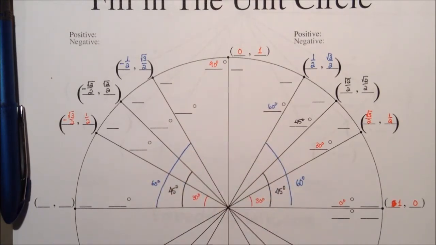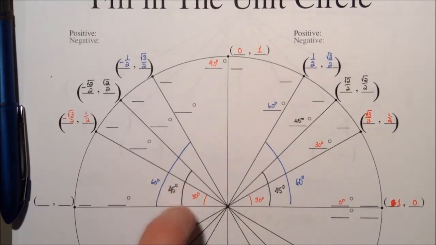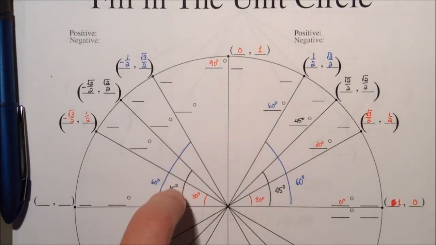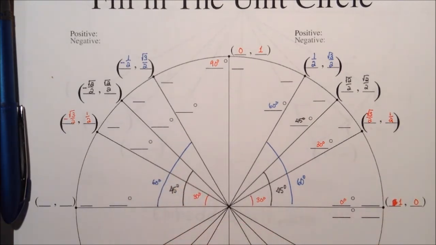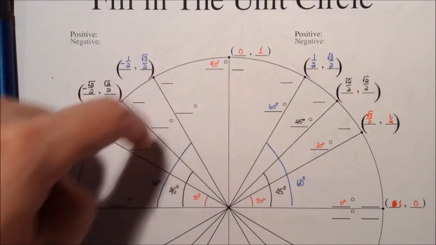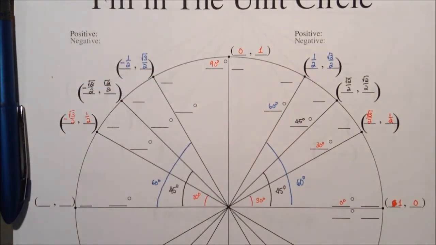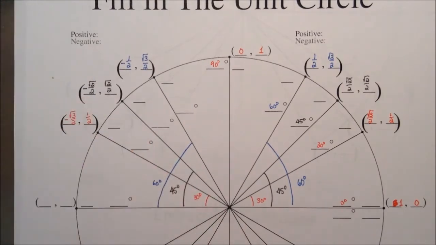Now, here, we won't be using these degrees for quadrant 2 unless you're talking about reference angle. Now, if I were to ask you these degrees, these will be different values. So, let's connect the dots.